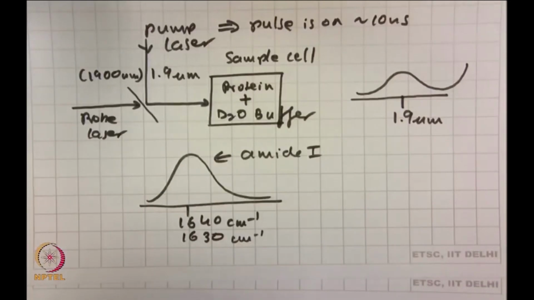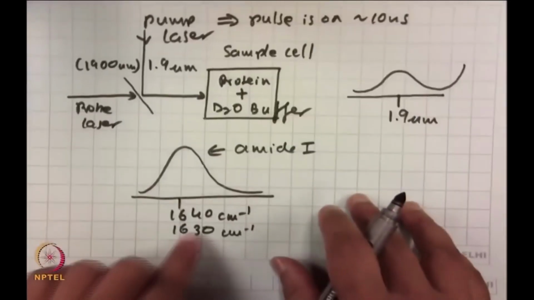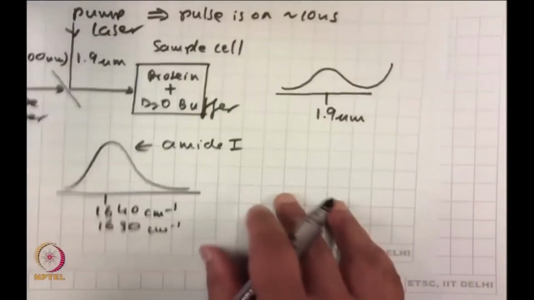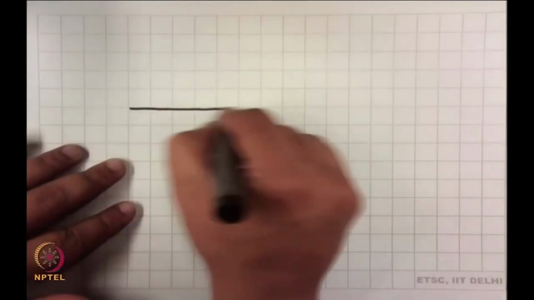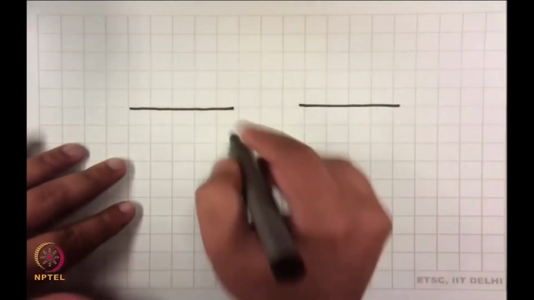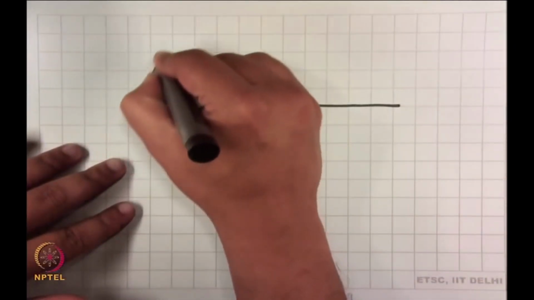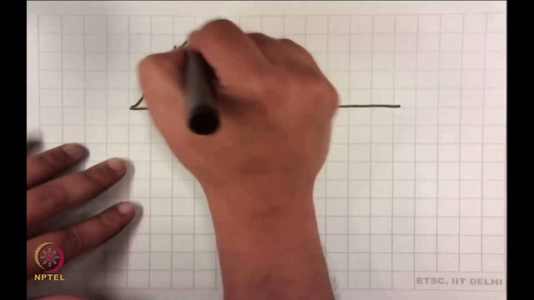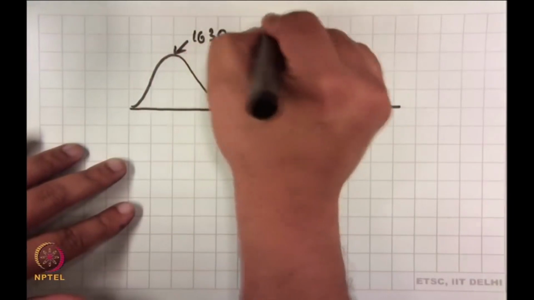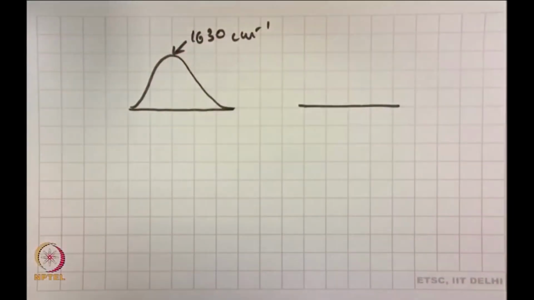Now, there is a reason why I have written 1630 and 1640. This is what happens typically, right. If you take an alpha helical protein, I am just going beyond what I should right now, but let me give you the significance. At the folded state, the alpha helical protein typically has an IR absorption at 1630 centimeter inverse. Okay.